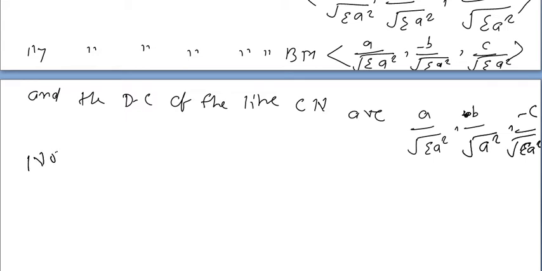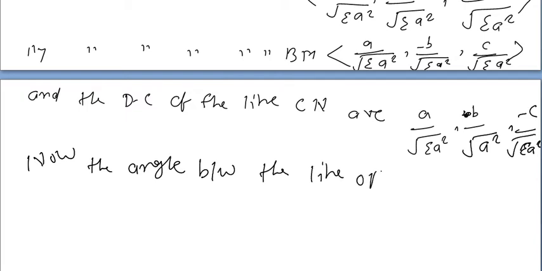Now the angle between the lines OP and CN is, let the angle be theta. Then cos theta, you know what cos theta is?